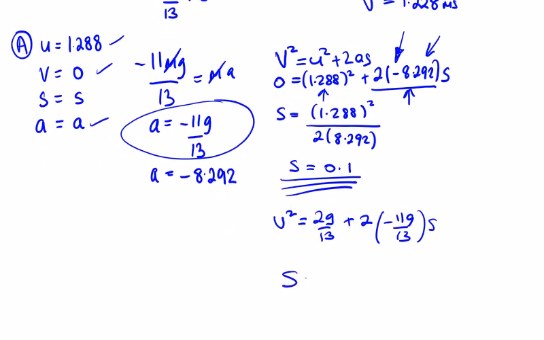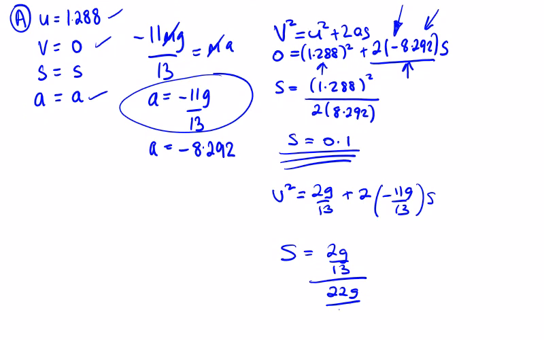So we're going to get s is equal to 2g over 13 divided by 22g over 13. The thirteens cancel, so do the g's, and we're left with 2 over 22, which is 1 over 11, which is 0.0909, so slightly off with the rounding. So maybe don't round this question off too early.